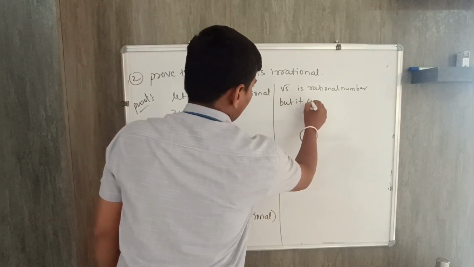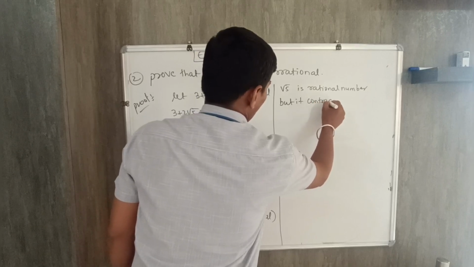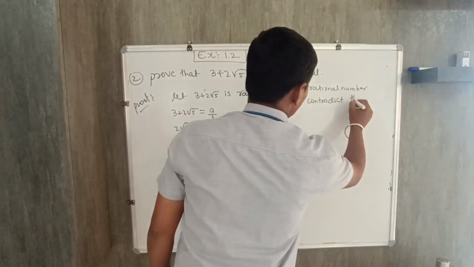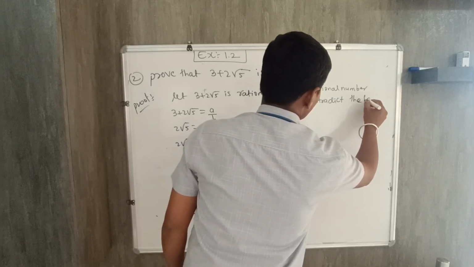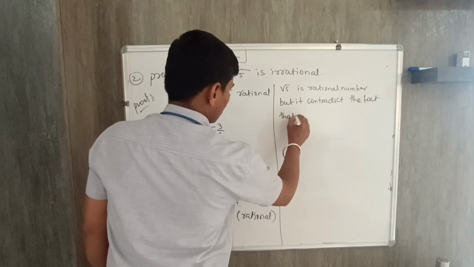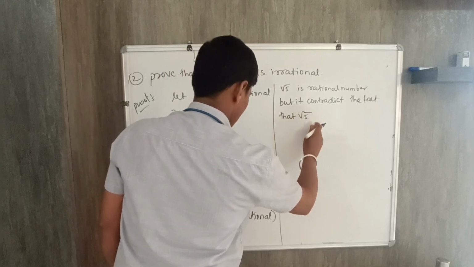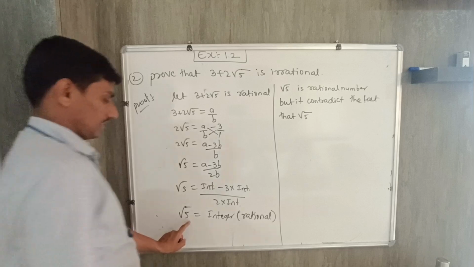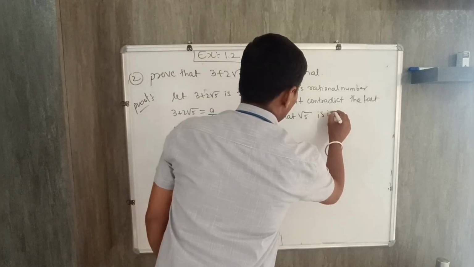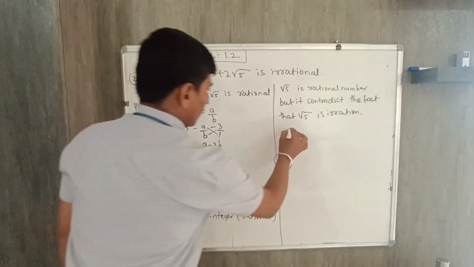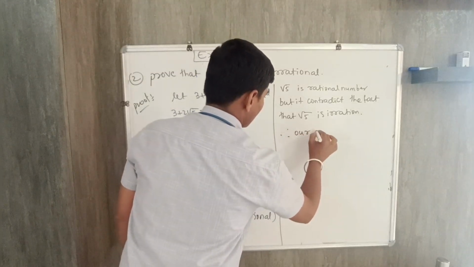But it contradicts what? It contradicts the fact that root 5 is irrational. Okay. So therefore our supposition is wrong.